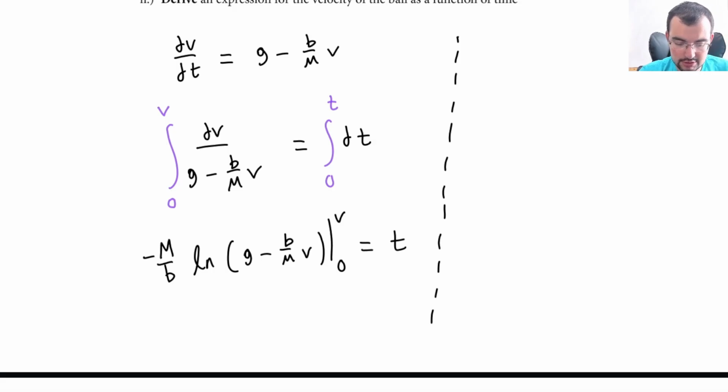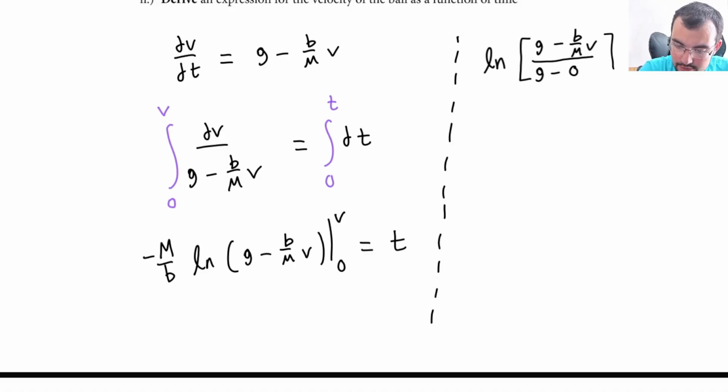Now we've got to start simplifying. I'll multiply this over to both sides. Subtraction turns into division, so I get ln of the upper limit divided by the bottom limit after multiplying both sides by this object.